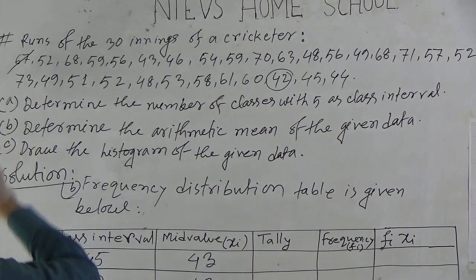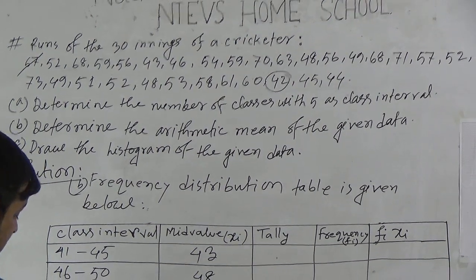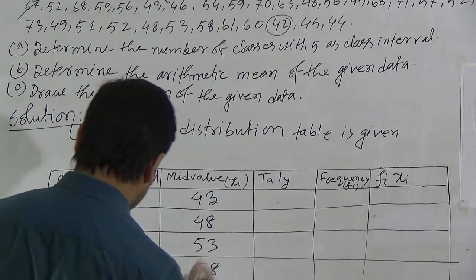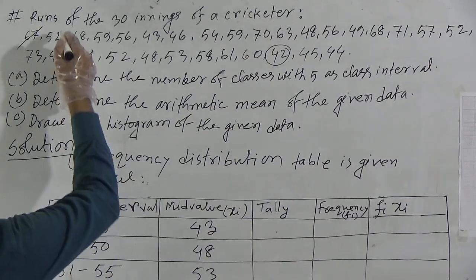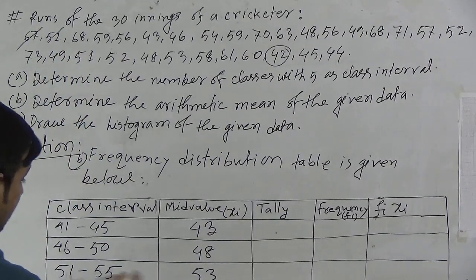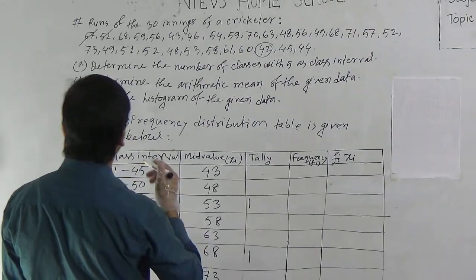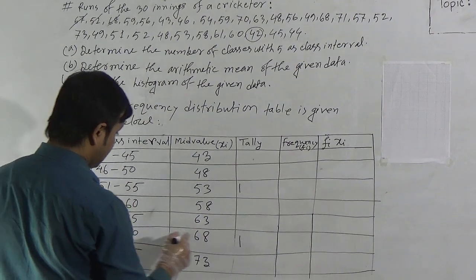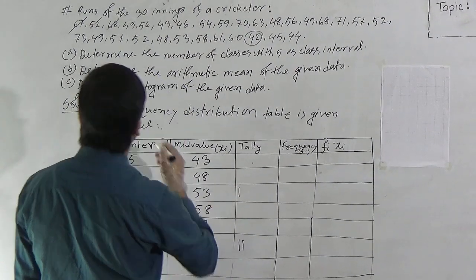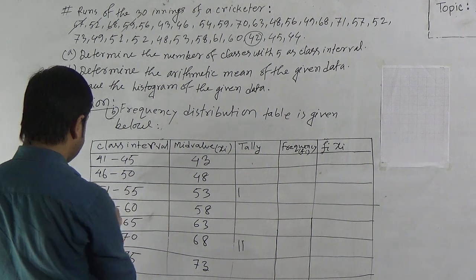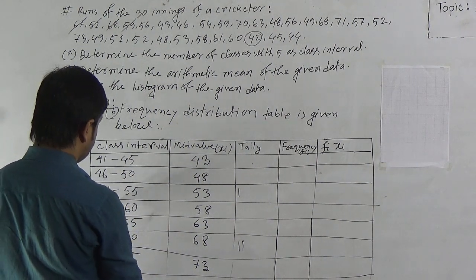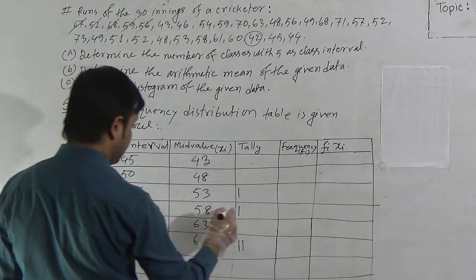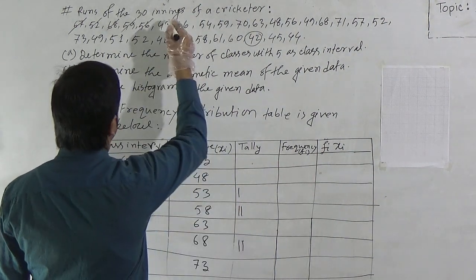First one is 67. 67 is in this class, so we have to give a tally here. 52. 52 is in this class, so we give a tally mark here. 68. 68 is in this class. Then 59. 59 is in this class. Then 56. 56 is also in this class.